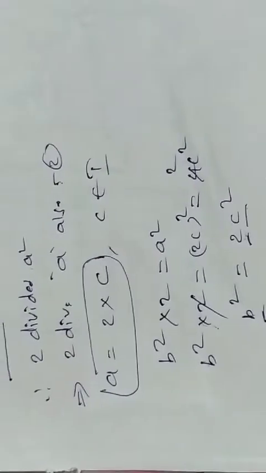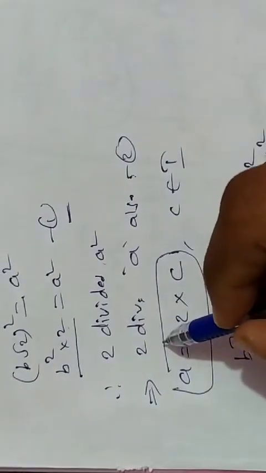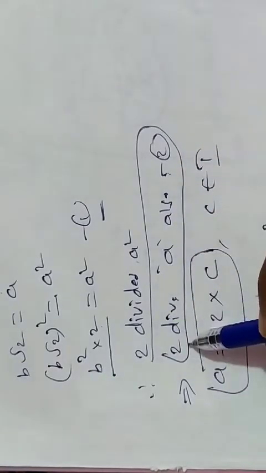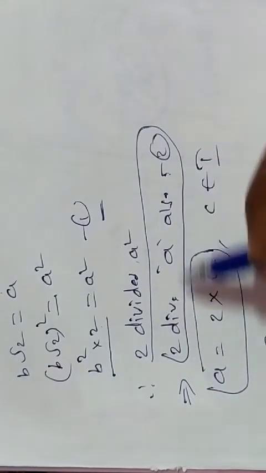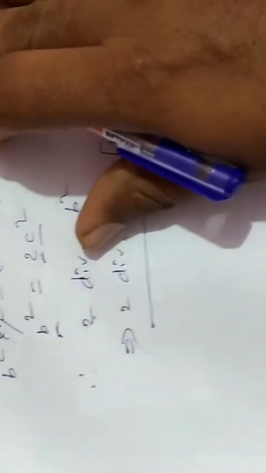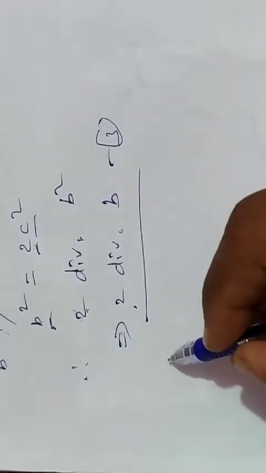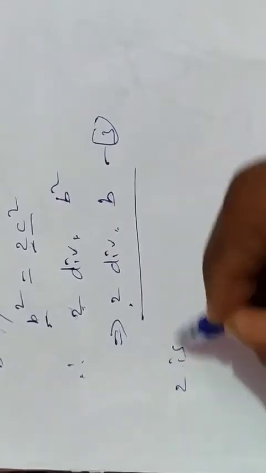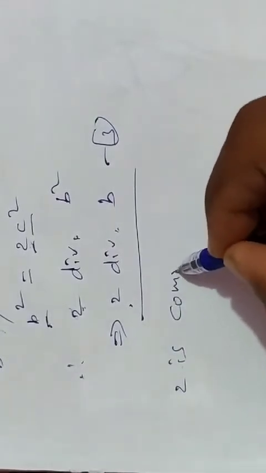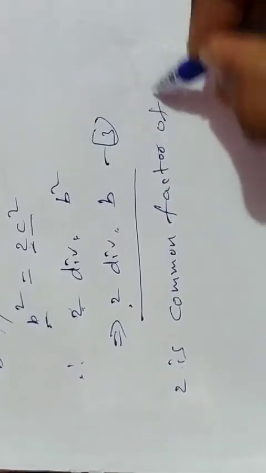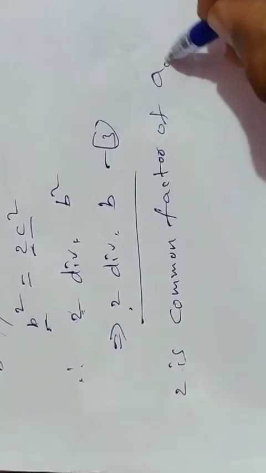So we observe that from equation 2, 2 divides a. From equation 3, 2 divides b. That means 2 is a common factor of both a and b.